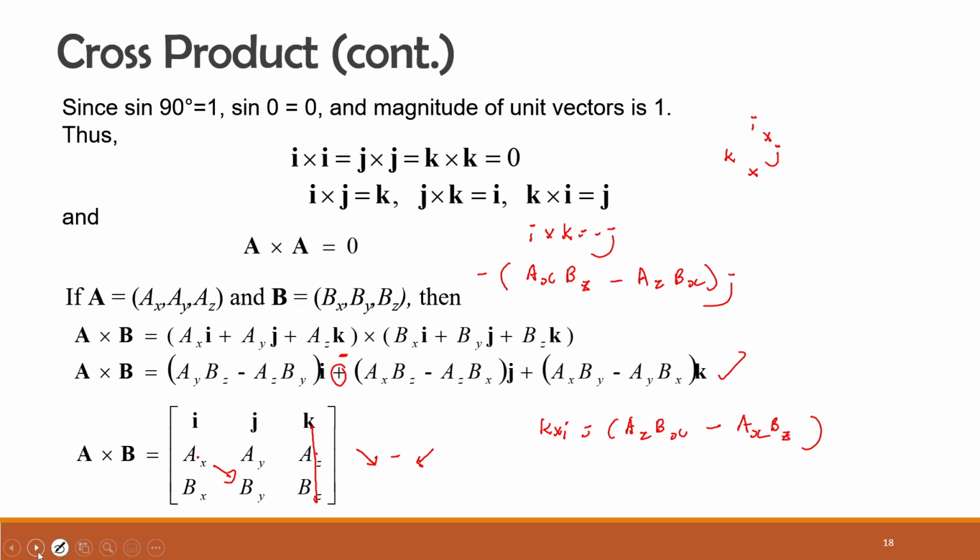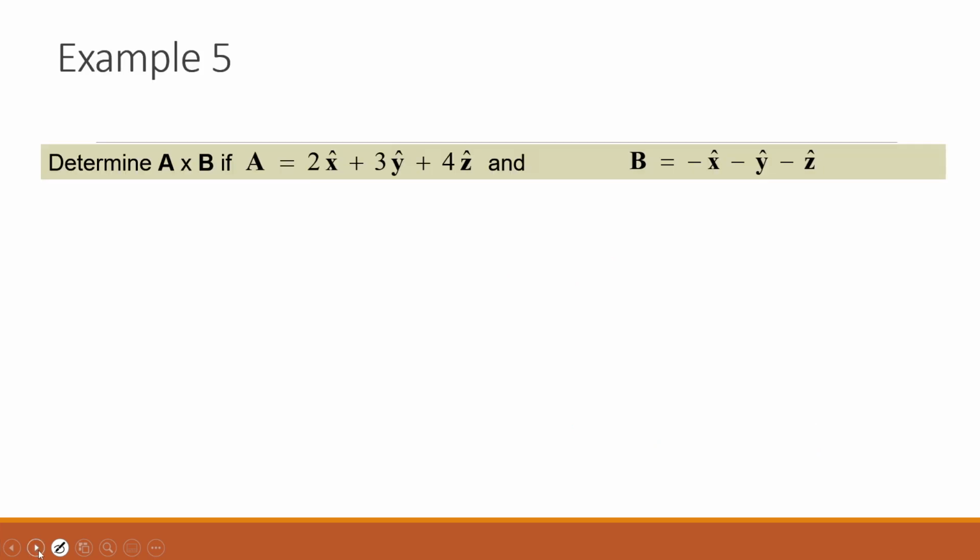Then we look at one example. Determine A cross B if A is 2x. I think this is the EMT notation, where the ijk means the unit vector in the x direction.